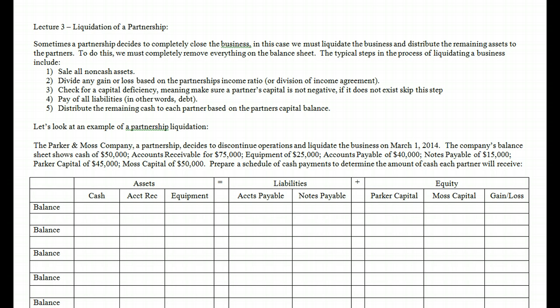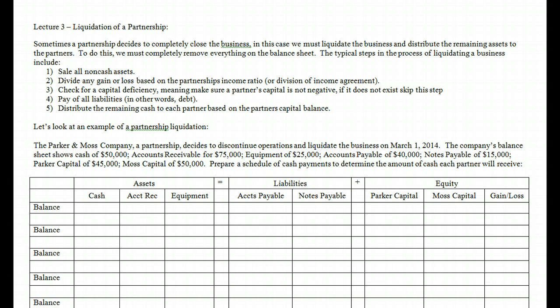Remember, the assets get divided on whatever the owner's claim is, as you will see here in a few moments. So make absolutely sure you do not use the income ratio when you're dividing assets. Income ratio is for division of income. Division of assets is a little bit different, so do not use that, okay?